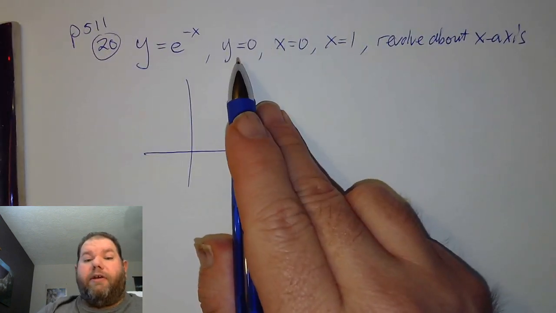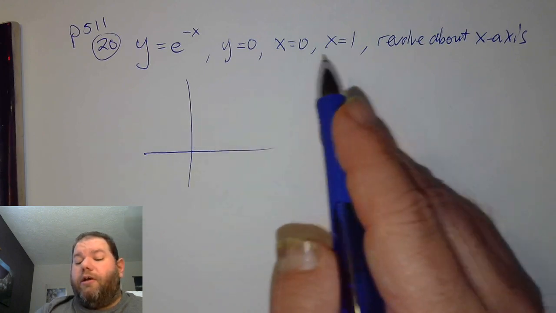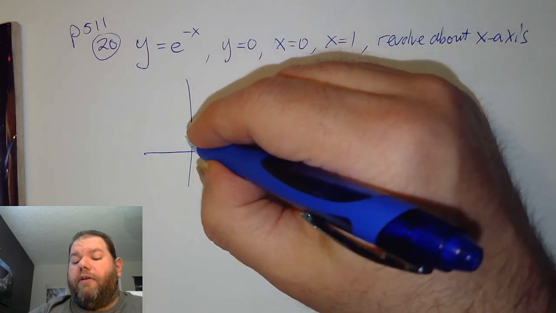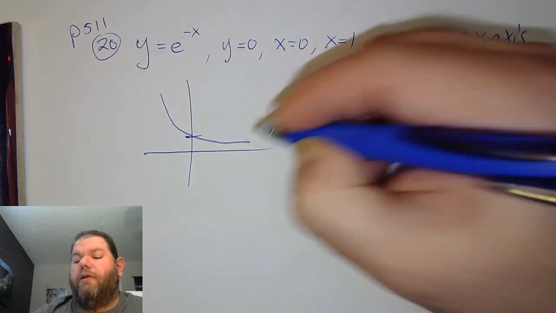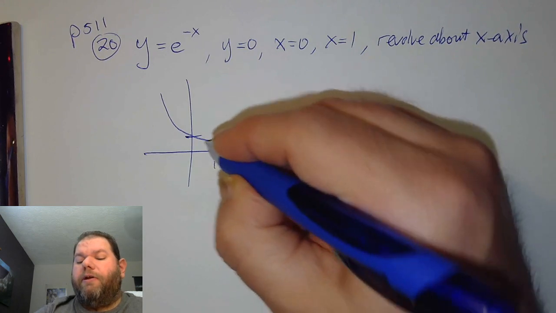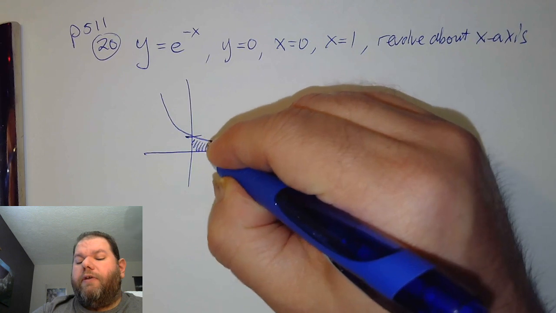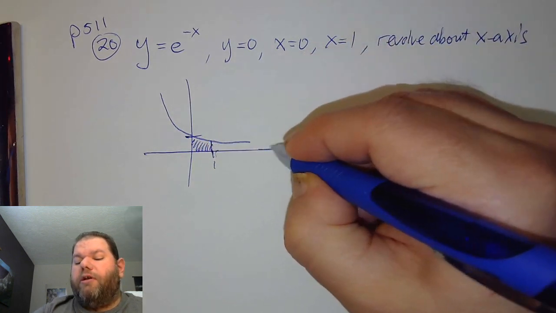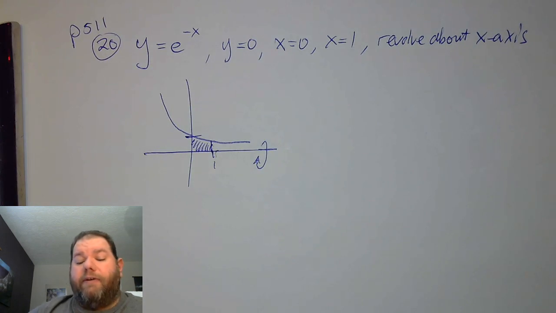Now whenever we see x and y equals 0, that means typically we're working in quadrant 1. Y equals e to the negative x looks like this. And then x equals 1 would be here. And so that defines our shaded region, and it's being revolved around the x-axis.